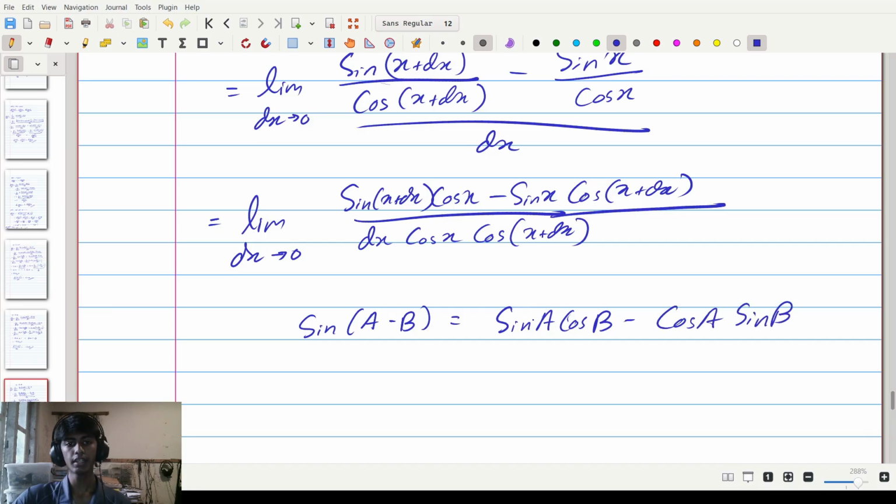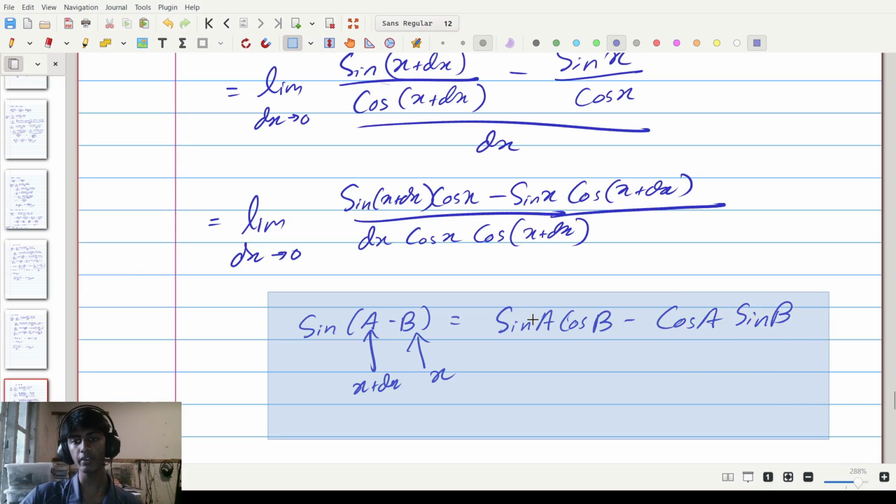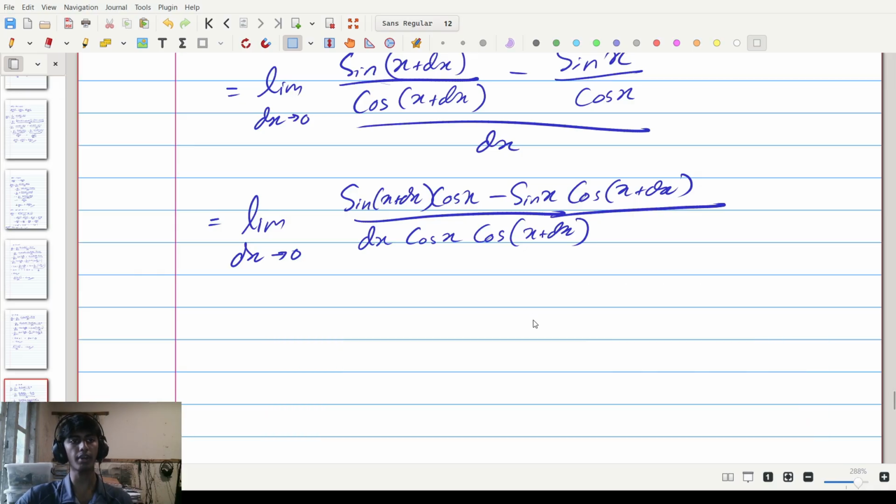Over here we can see that we have that pattern. We have sine of this thing cosine of x, and then cosine of that thing sine of x. So we can turn this back into this form and say that this thing is going to be the sine of, here a is x plus dx and here b is x. Substituting that in, on the top what we have is the sine of x plus dx minus x.